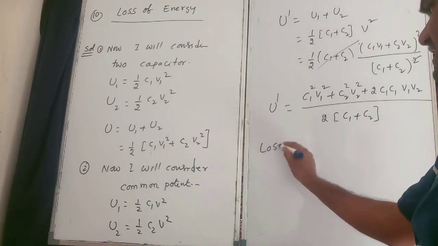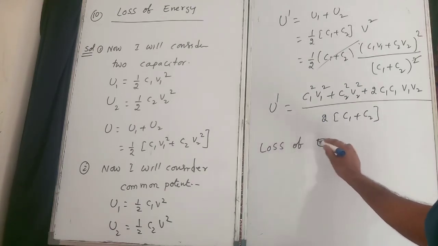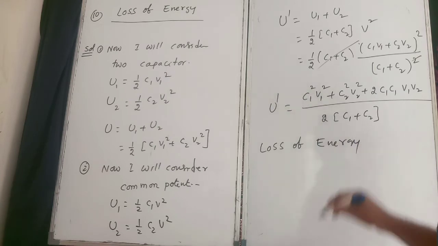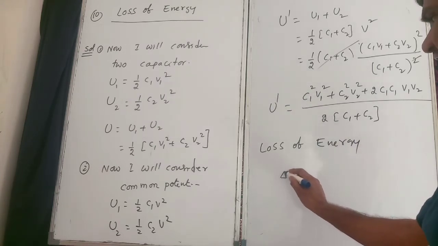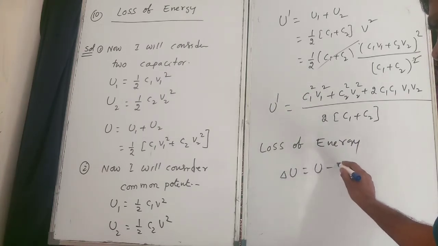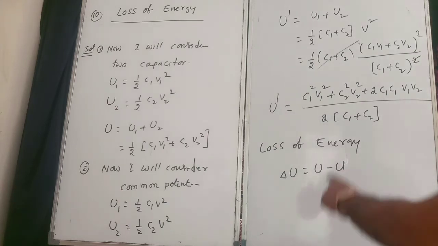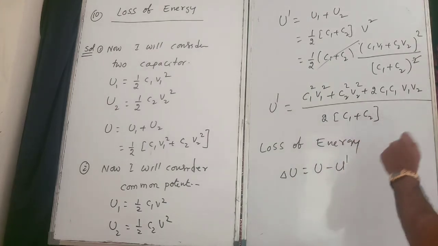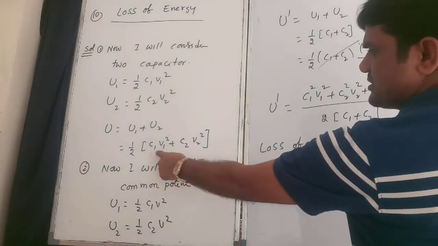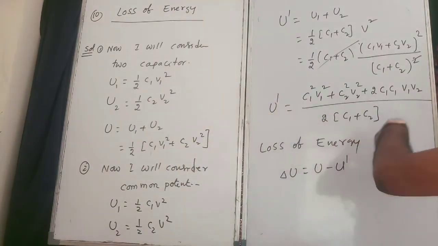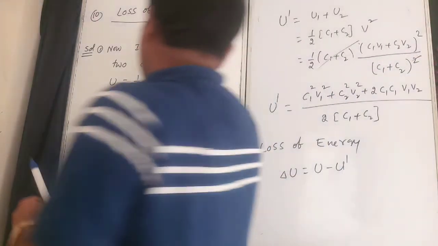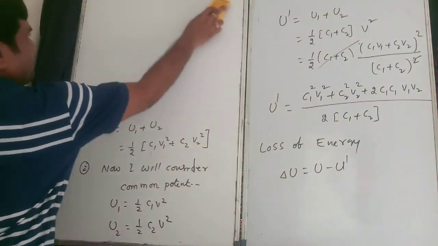Therefore loss of energy, delta U is equal to U minus U dash. This is the greater, this is the smaller, so you can substitute the values there. Loss of energy.